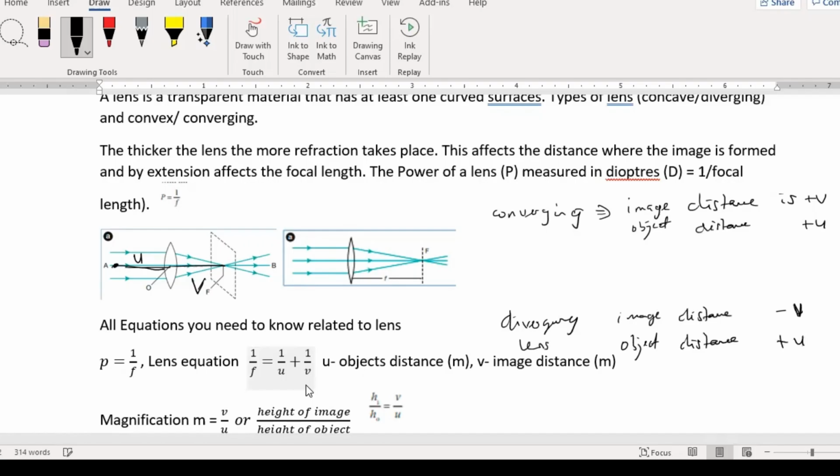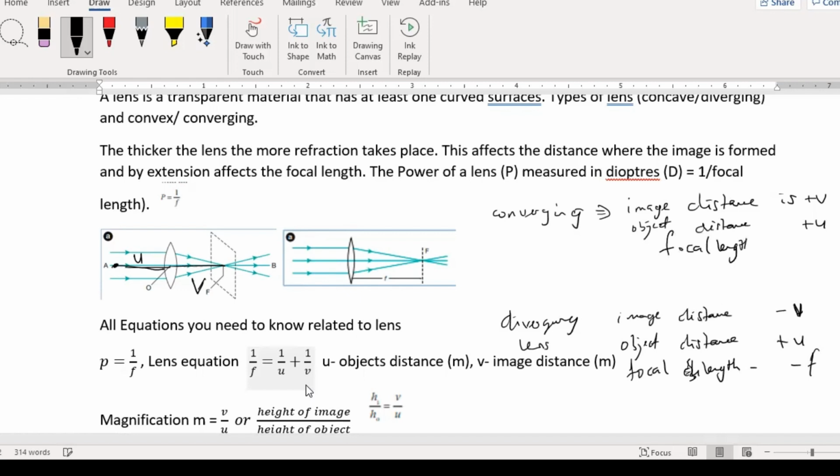The focal length for the diverging lens is going to be negative as well. But I'll just confirm quickly on something. The focal length for sure is going to be negative. So it's going to be negative F for diverging lens. For the converging lens, focal length is positive.